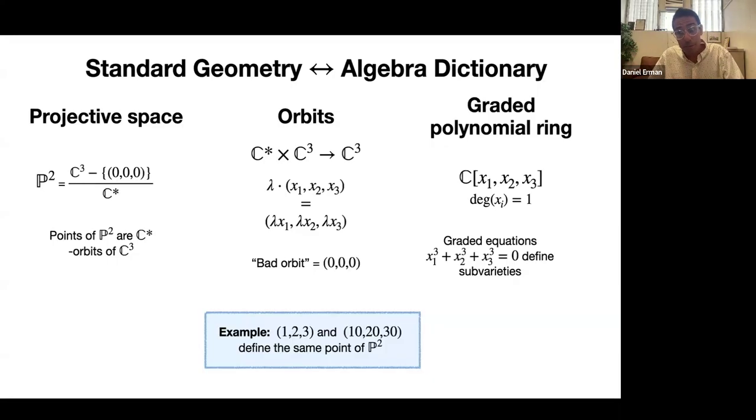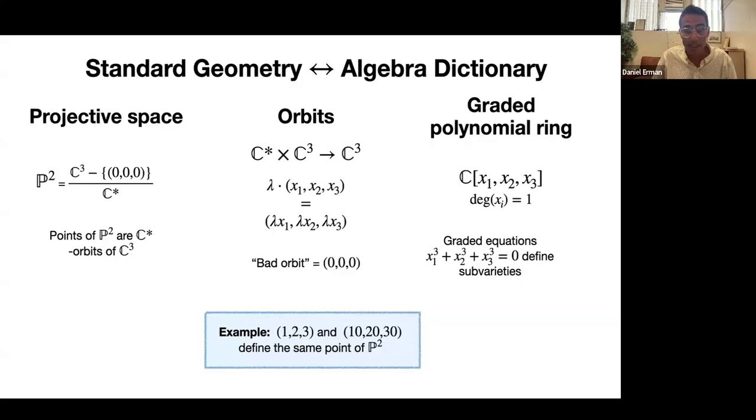And from that perspective, you can take graded equations, like this Fermat cubic kind of equation. It'll have a well-defined vanishing locus on any given orbit. It'll either vanish on the entire orbit or it will not vanish on the entire orbit.